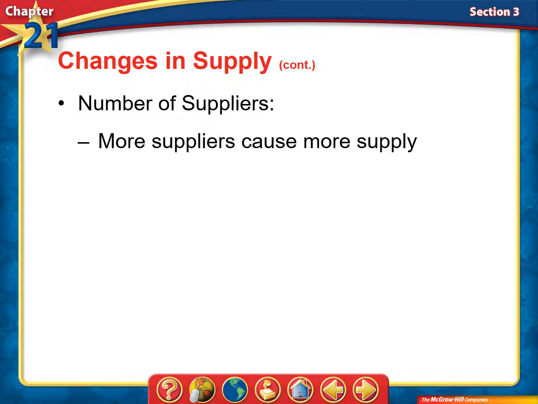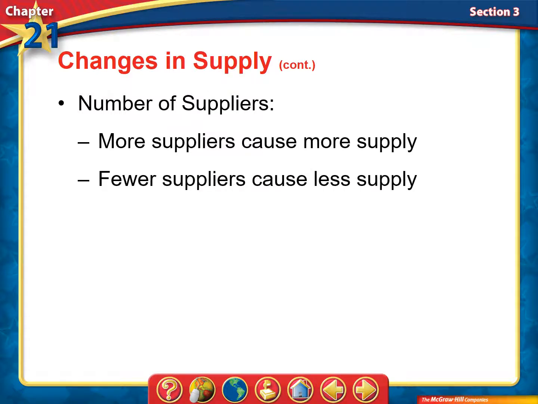So if the amount of oil producers goes up, there's going to be more staplers. If the amount of oil producers goes down, there'll be less staplers. It's that simple. It really is. So, the fewer oil producers, because by the way, rubber comes from oil, ergo, less oil, which translates to less staplers.